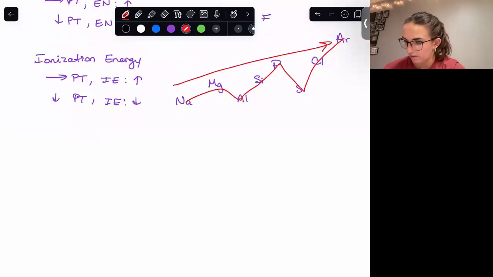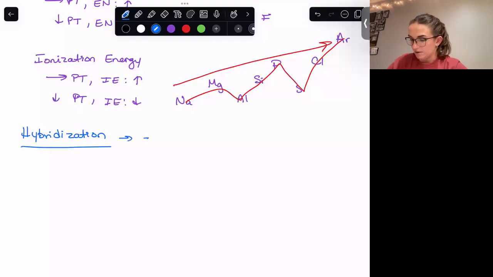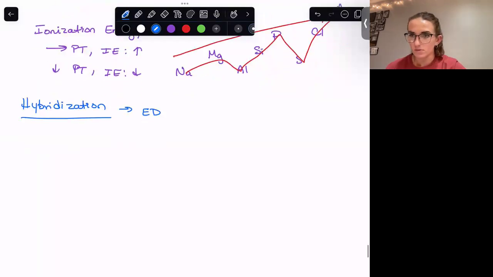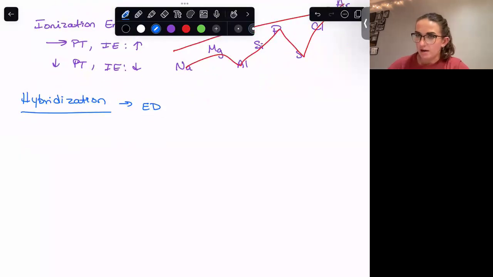Okay, when we look at hybridization, right, we're looking at electron domains here. So when we have hybridization, you just need to identify what the hybridization is, okay? And what your hybrid orbitals would be.